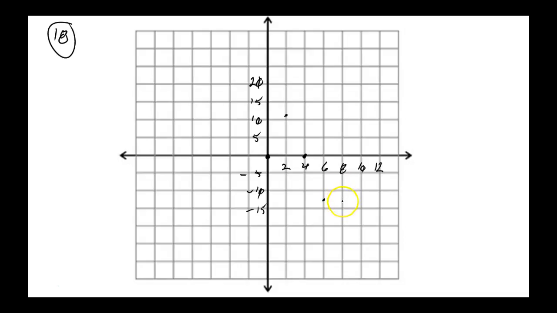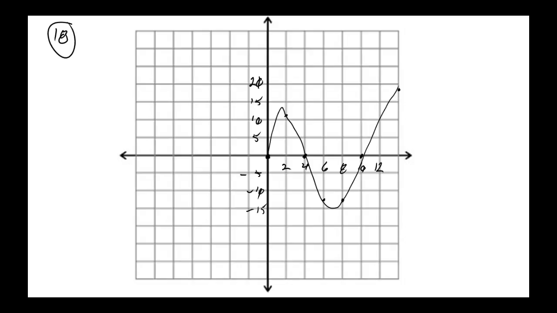Close enough to being the same. And at 10, it's going to be 0 again. And at 12, it's going to be awfully close to 20. Now let's see if I can come close to representing a curve. Something pretty close.